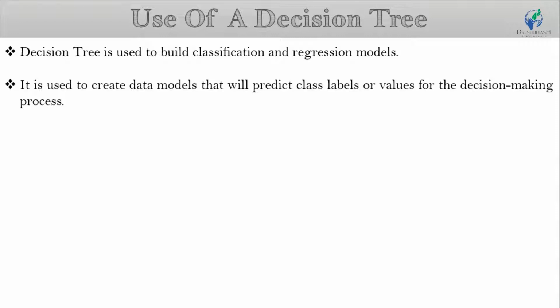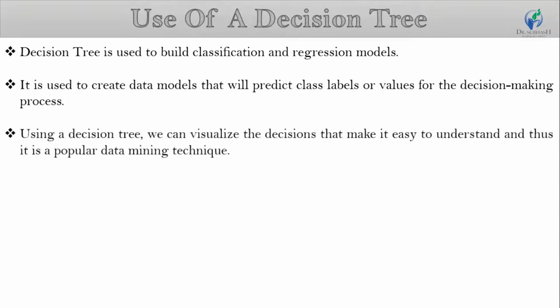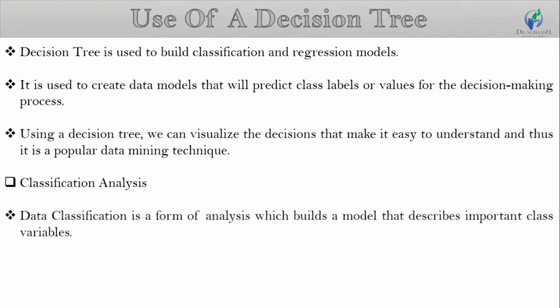Now, I explain what is classification in decision tree. Classification analysis, or data classification, is a form of analysis which builds a model that describes important class variables. For example, a model built to categorize bank loan applications as safe or risky.